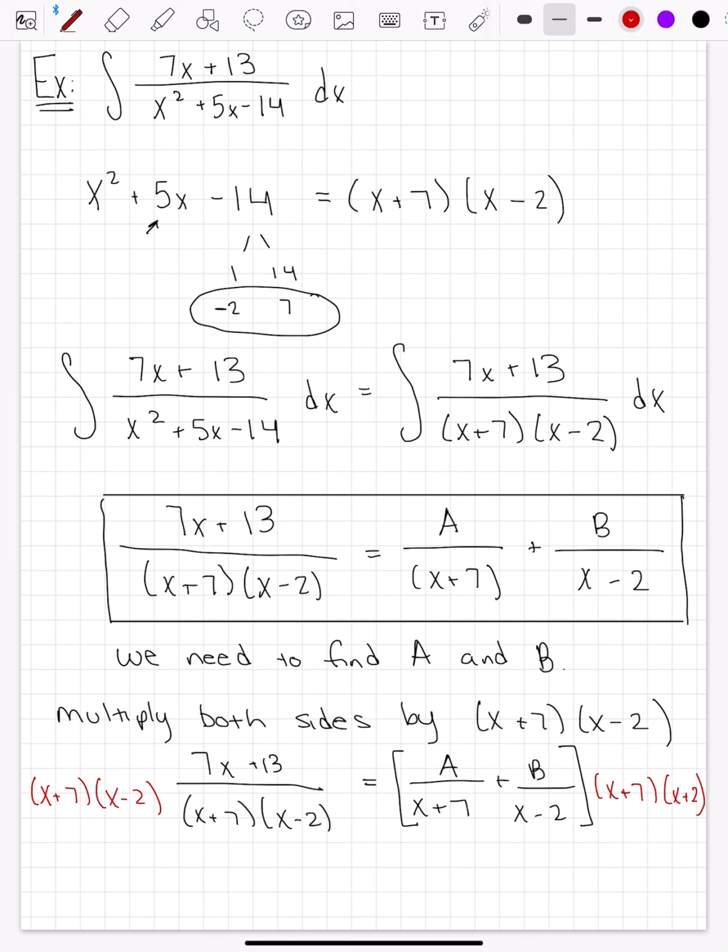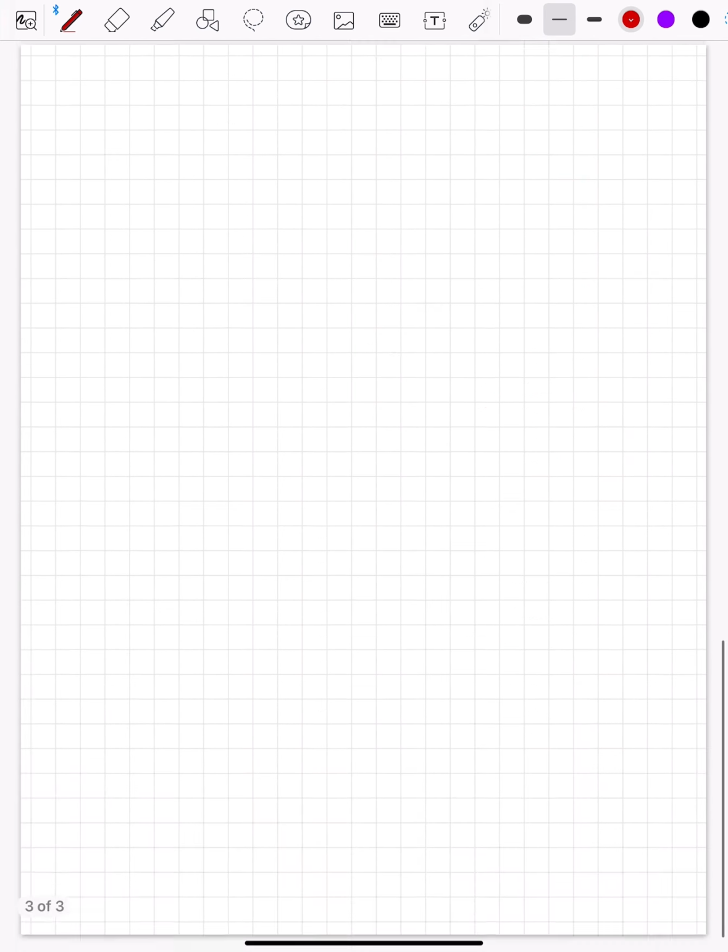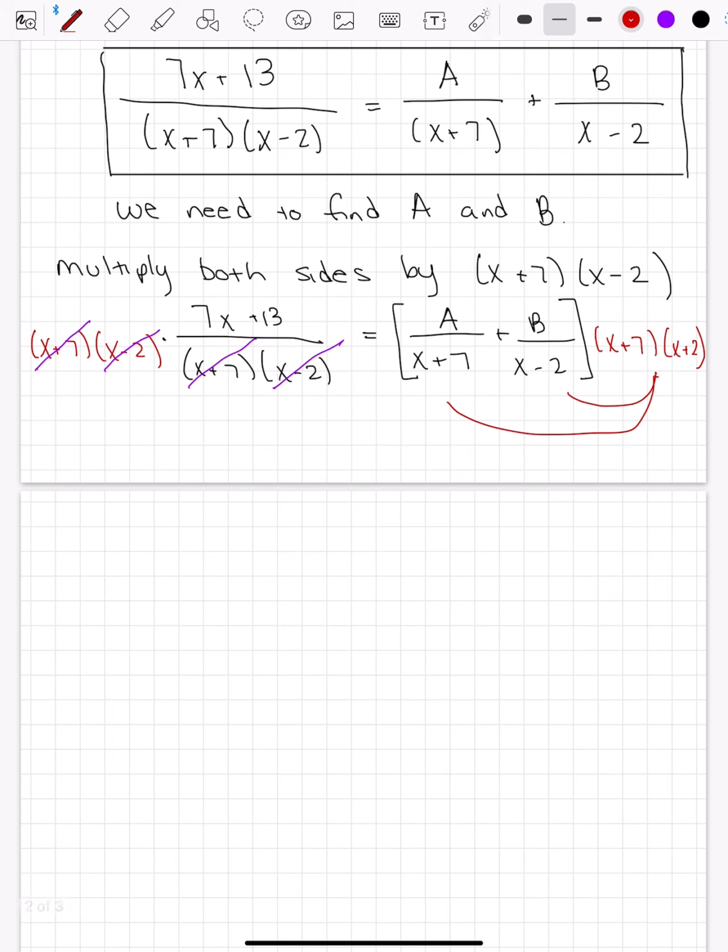And so on the left-hand side, if we multiply something by x plus 7 and then divide by that, it's going to cancel out. Same thing with the x minus 2. So those two things cancel each other out. And then on the right-hand side, we're going to have to distribute this to both of those terms. So on the left-hand side, all we're left with is 7x plus 13.